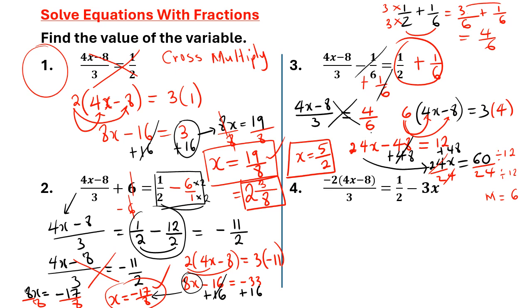Now I am going to multiply each piece by 2. So from this step here, I would multiply 3 by 2, multiply top by 2, multiply 2 by 3, multiply top by 3. Because I'm going to put over 1 here, I'm going to multiply by 6.